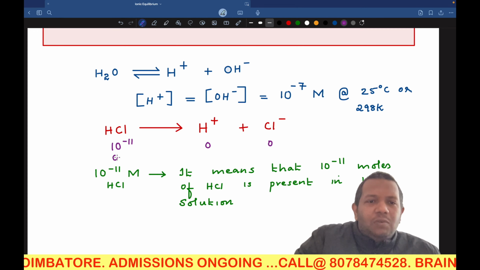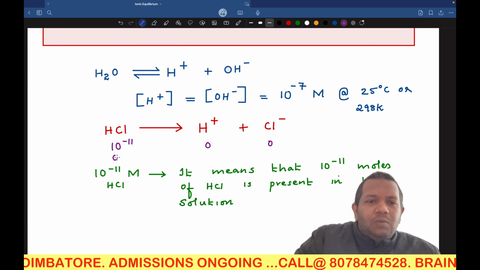Now you know its value, so let's add it up. This is 10 power minus 11 and this is 10 power minus 7. Can you add it directly and say 10 power minus 18? Not possible, don't do it like that. So let's take a common value outside, that is 10 power minus 7.